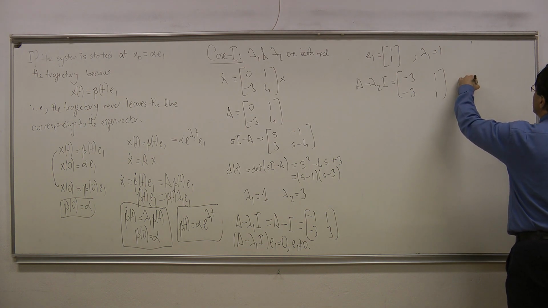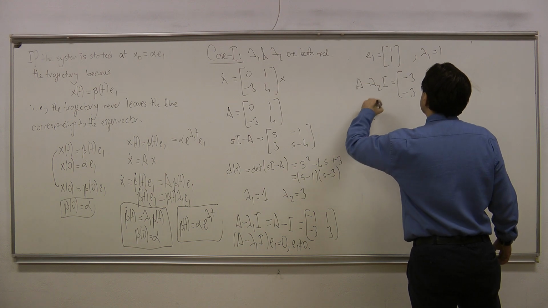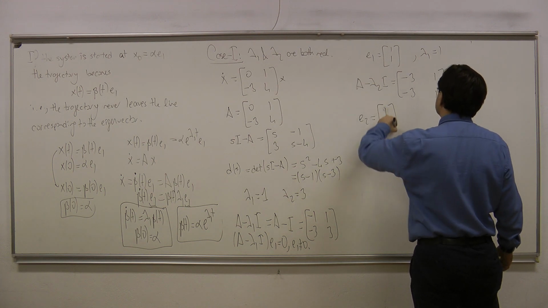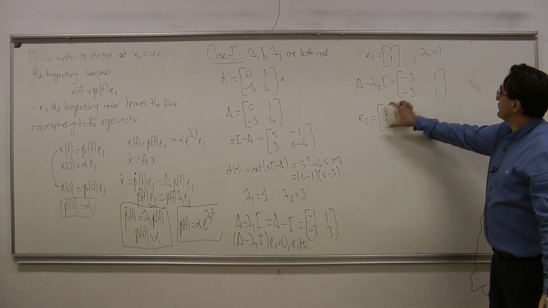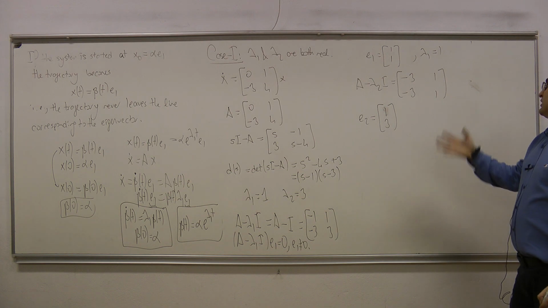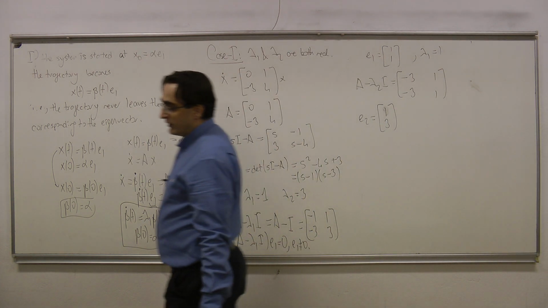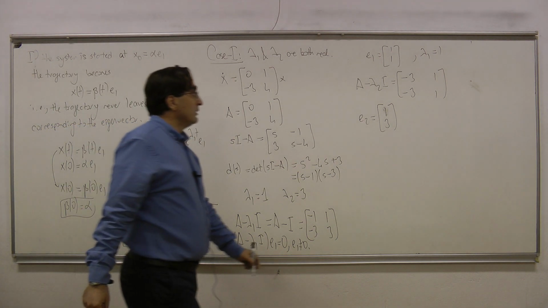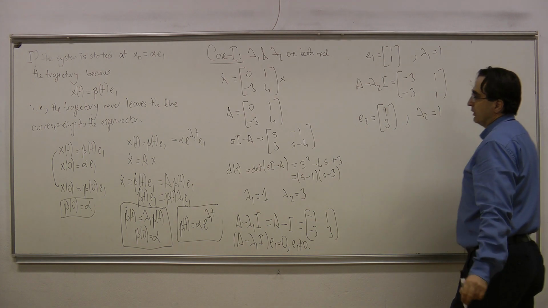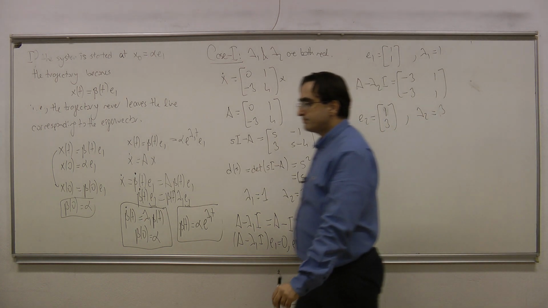And that is going to give me E2 equals, I would write [1, 3]. Okay? When I multiply this vector with this matrix, it's going to give me 0. This is a non-zero vector. That means that this is an eigenvector. Okay? And this is the other eigenvector, for lambda 2 equals 3. All right?